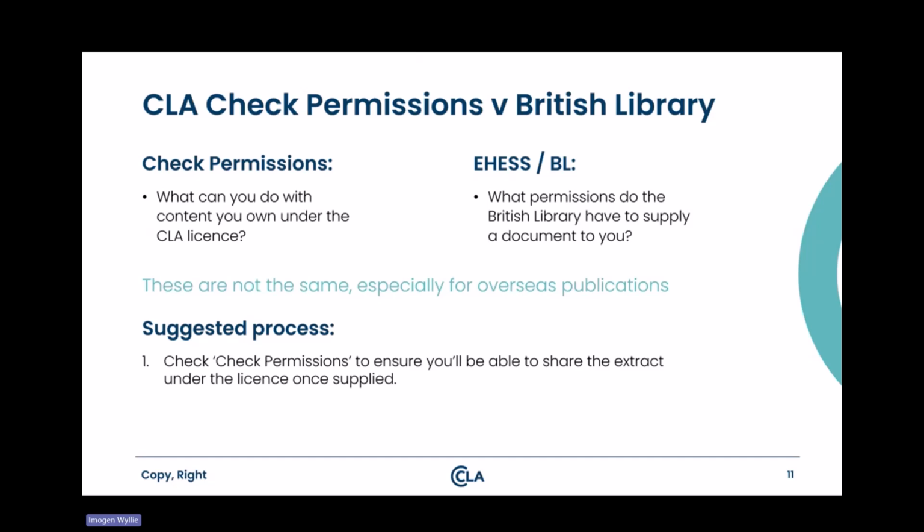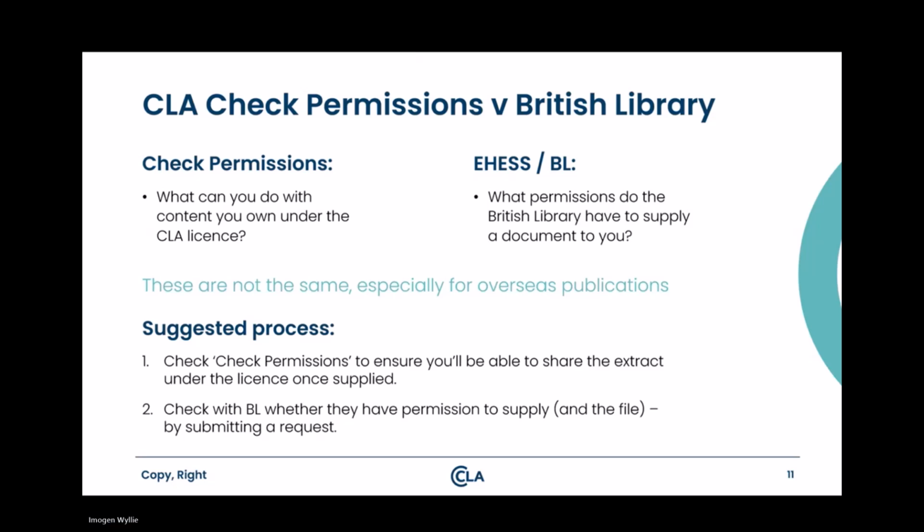But that doesn't tell you whether they're going to be able to get it to you. The only way to do that is to submit a request and see if it's able to be supplied. When we had the automated system, that would come back immediately, so it was easier to tell. Now there's a bit of a lag, but that is really the only way to tell. So sorry about that, but for the time being, that is the case.